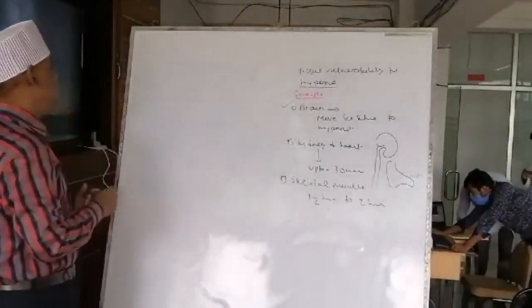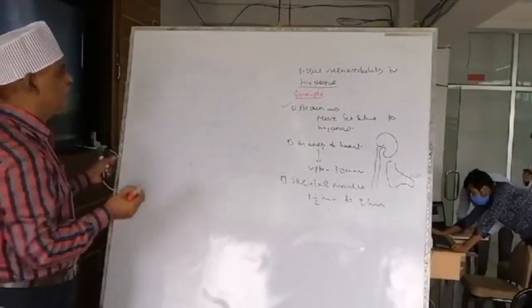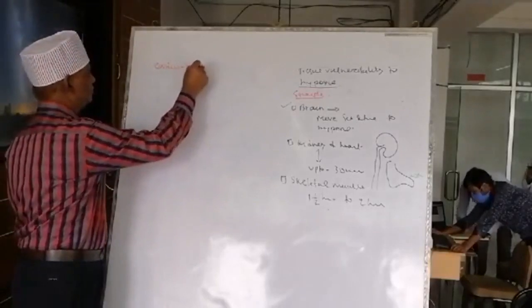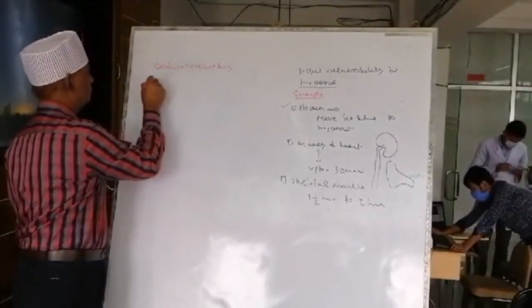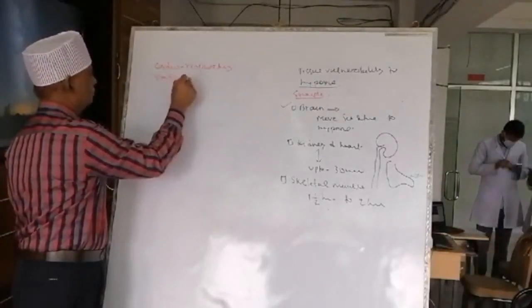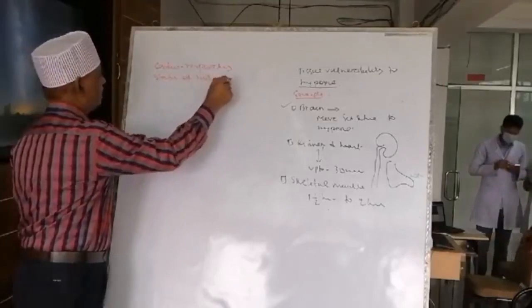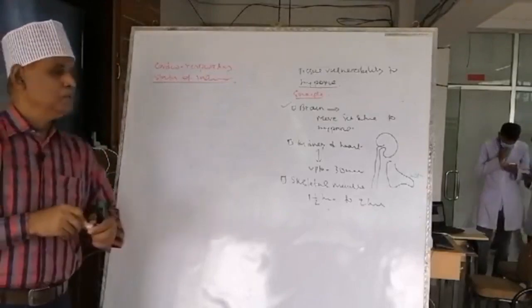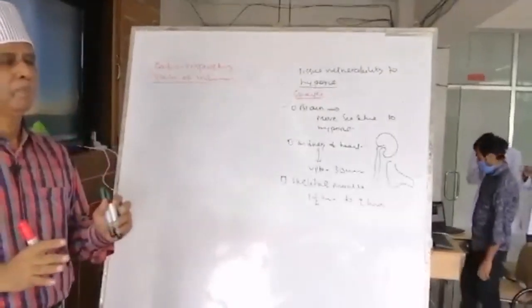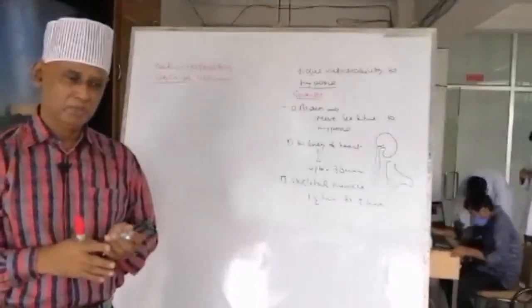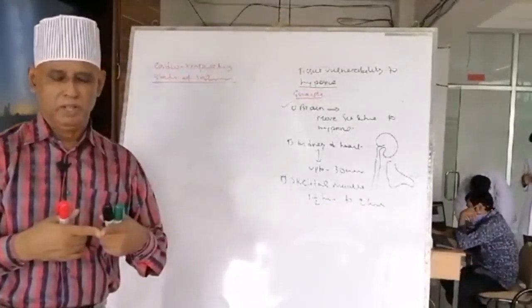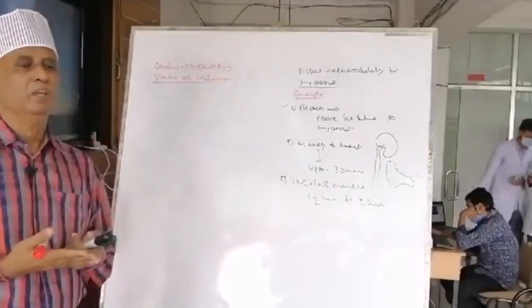And the last one is cardiorespiratory status of the individual. Dear audience, if anybody suffers from cardiac disease, and following cardiac disease there is myocardial infarction, there will be enhancement of the infarction.